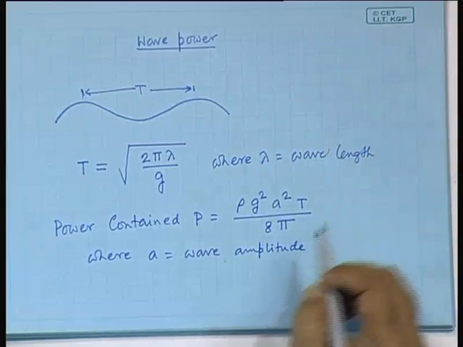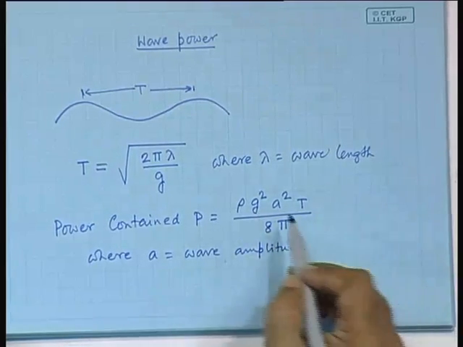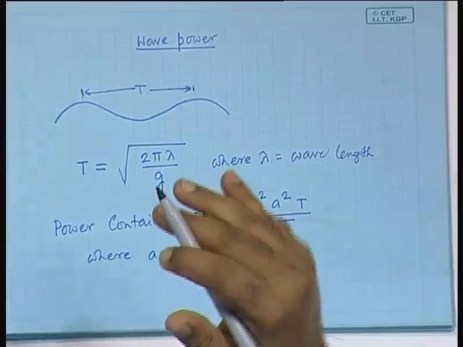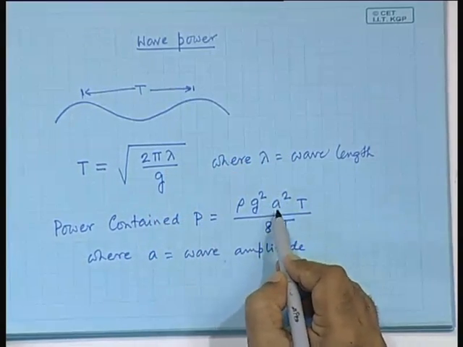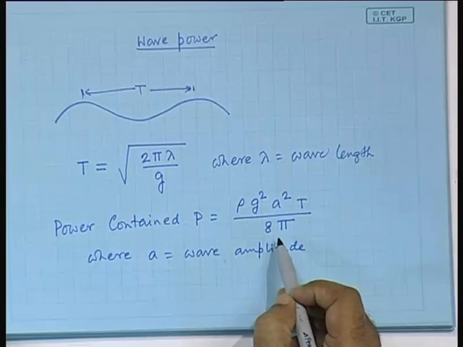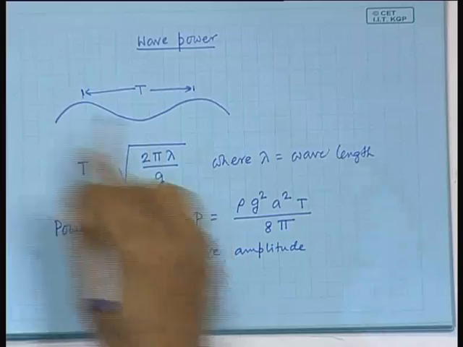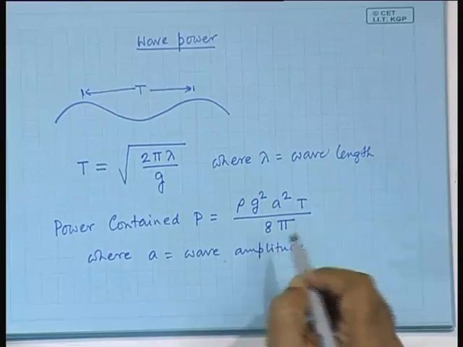So, you can see that rho is the density, g is a constant, A is the wave amplitude, how big are the waves, that appears here, and T is the time period between the two crests, and this is constant.